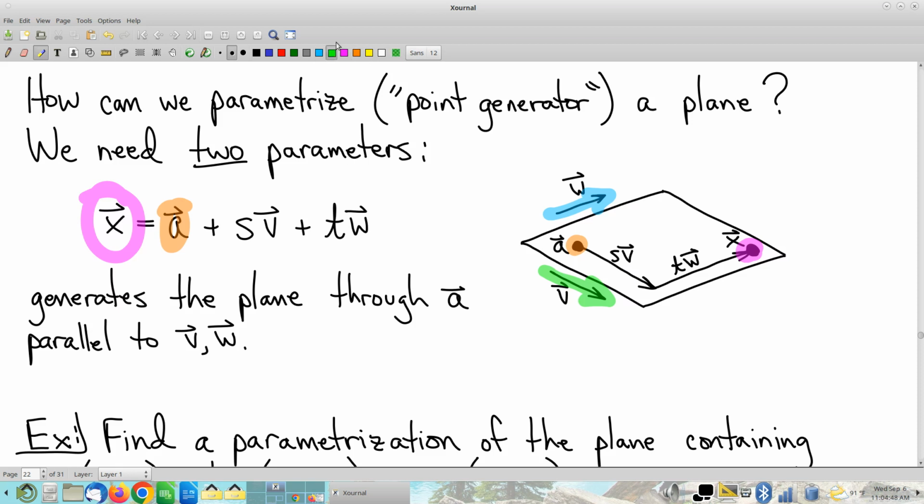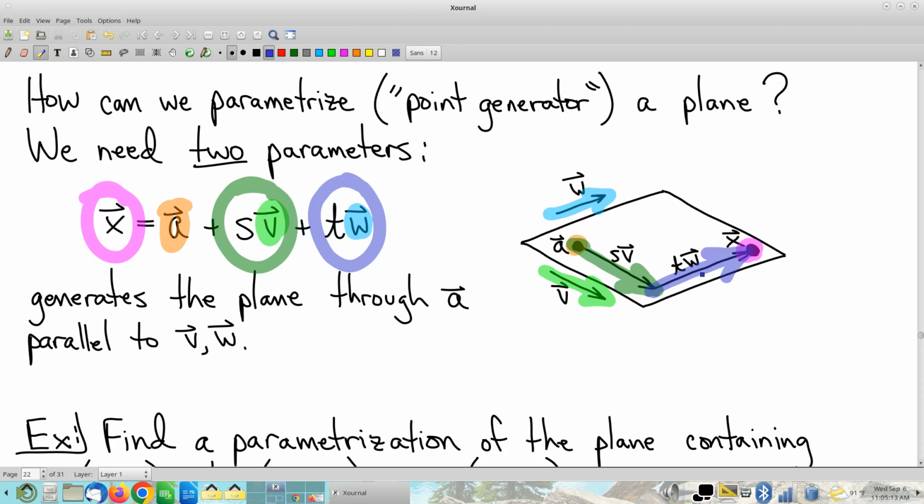I just need to take my v vector and scale it appropriately. I need to be able to move in the direction of the v vector by some amount. And then furthermore, this w vector, I need to be able to scale it. I need to talk about moving parallel to w by some amount. And now, geometric appeal again.